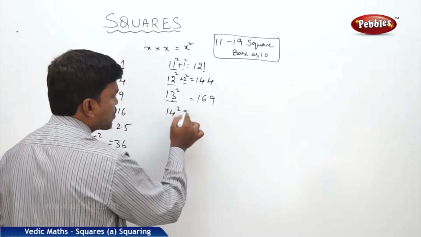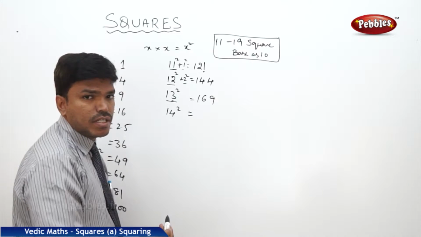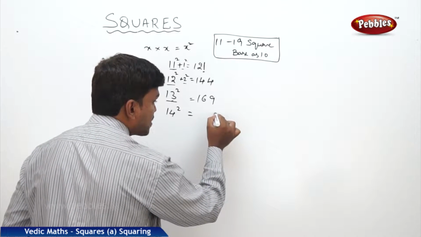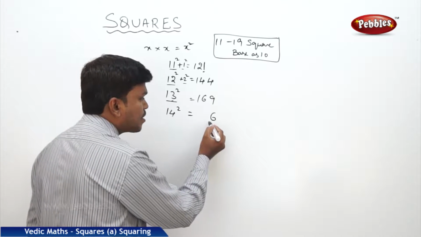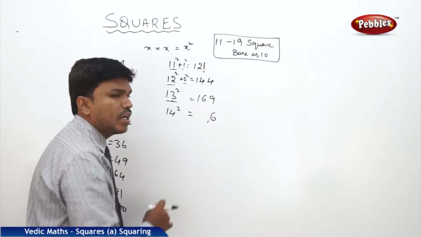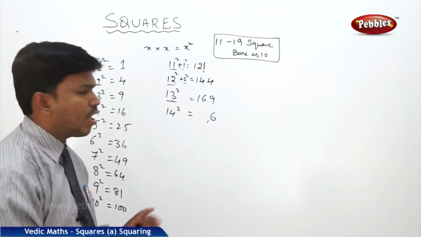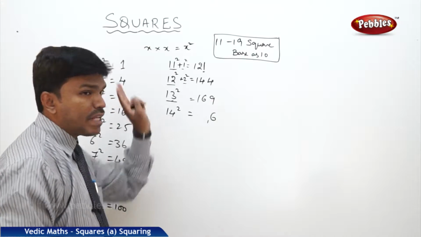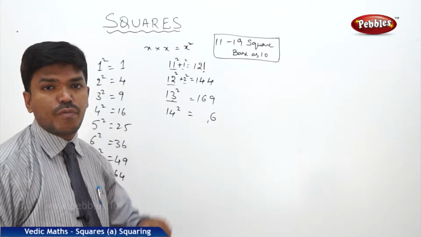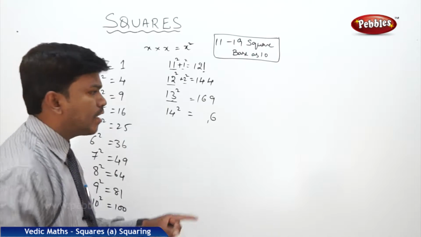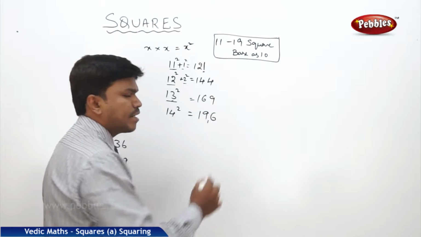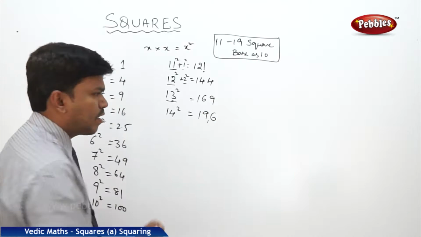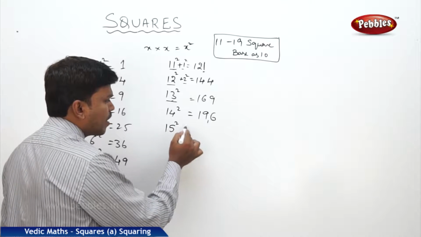Similarly 14 square. 4 square 16. I write 6 only here, but the tens digit 1 is carried to the next part of the answer. Now 14 plus 4 is 18. 18 plus 1 as the carry, 19. So the answer is 196.